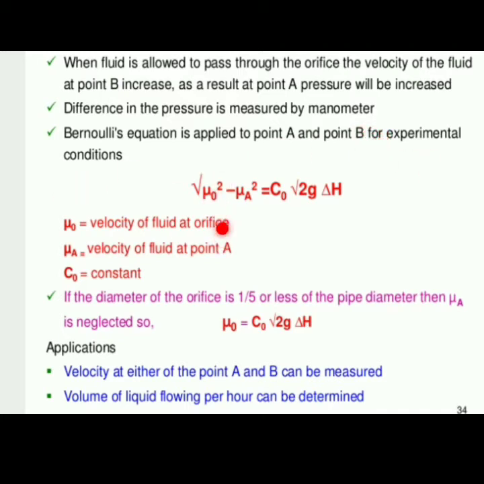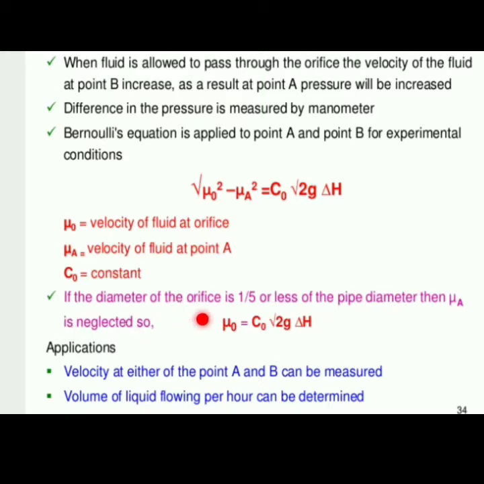So it gives root of UO square minus UA square is equal to CO into root 2G into delta H, where UO is the velocity of fluid at the orifice, UA is the velocity of fluid at point A, CO is the constant.